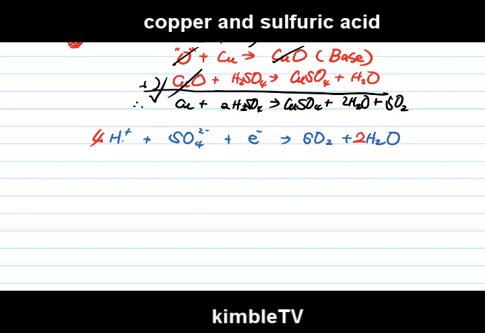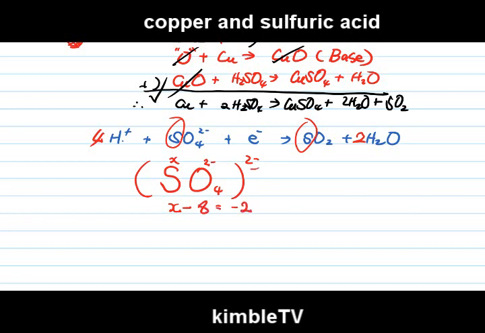Okay, so how many electrons are needed? In order to check that, we should know the oxidation number of sulfur. I will let X be the oxidation number of sulfur, and oxygen is 2 minus. Therefore, X minus 8 equals minus 2, so X will be 6.